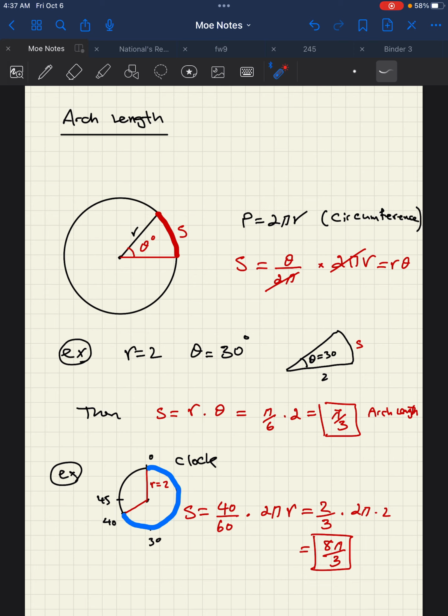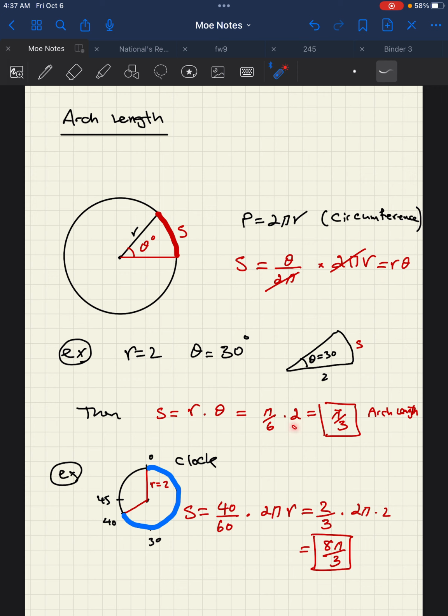So if you have a radius 2 and theta equal 30 degrees, well, that's like this. This is 30 degrees. This is your arc length, and then your radius is 2. So the arc length is r theta based on what we just found here.